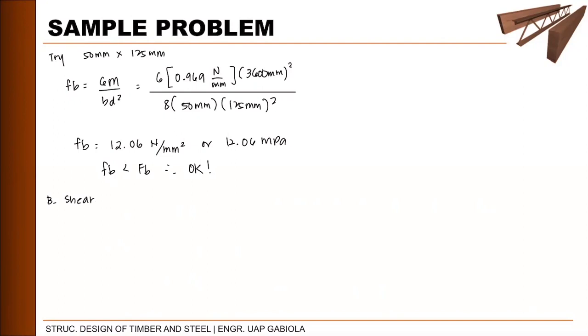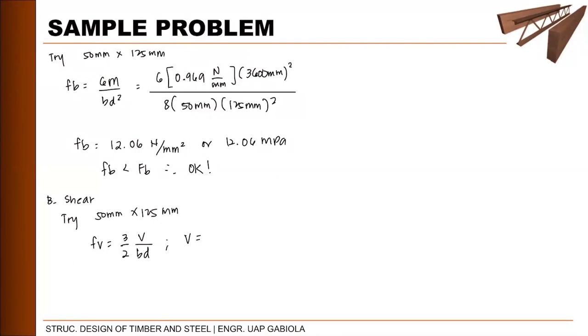Test for shear. Okay? So since meron na tayong na-try na isang section, yun na din yung section na itatry natin. So try 50 mm by 125. So parang checking of adequacy tayo in shear. Okay? So kay shear, FV is equals to 3 halves V over BD. So yan po yung formula niya. And ano ba yung magiging value ni V?